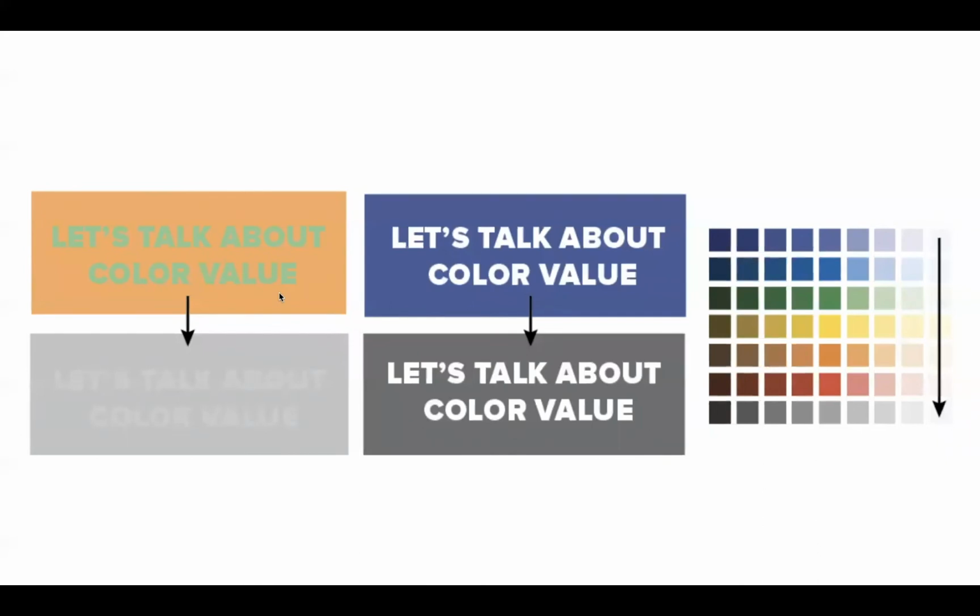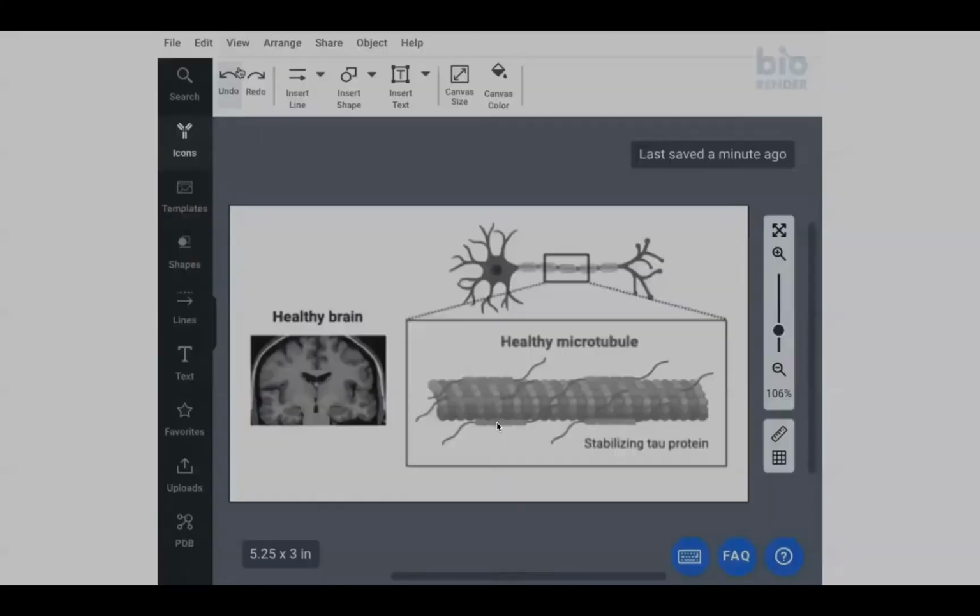That's because it's so close in color value that our eyes are struggling to focus on the edge of those elements. It's really hard to make out what's what. And again, putting it into black and white eliminates color as a variable and really makes it stand out what parts of your figure have contrast issues.